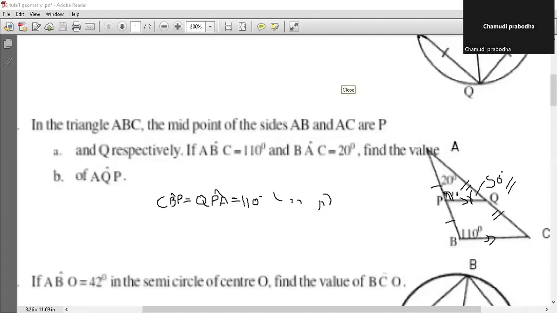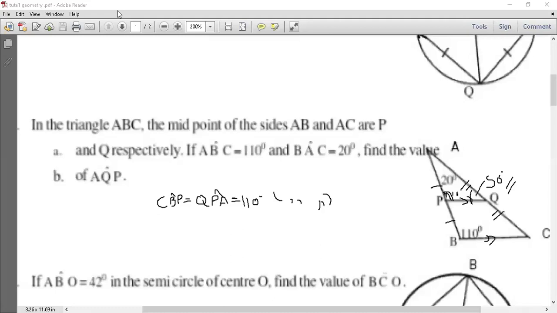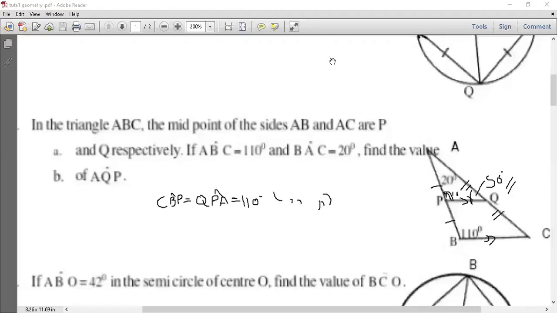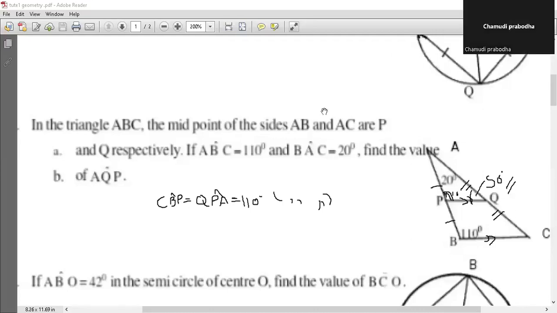Is it clear? So shall we move to the next question?